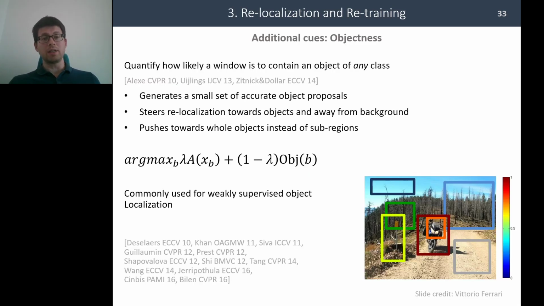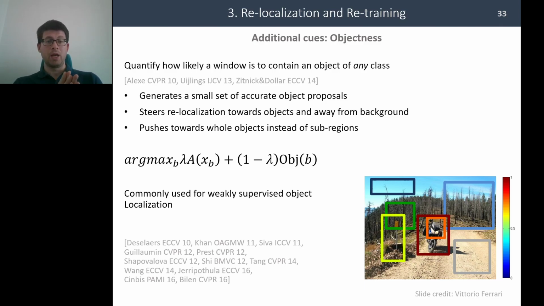Another, I think very important, cue which helps with the ambiguities we have is objectness. It was first proposed by Alexe. Objectness is a measure of the likelihood of a box containing an object or not, and it is object agnostic, so it's not specific to an object category.